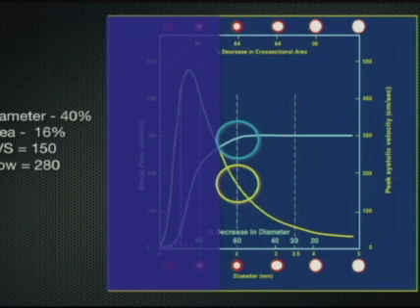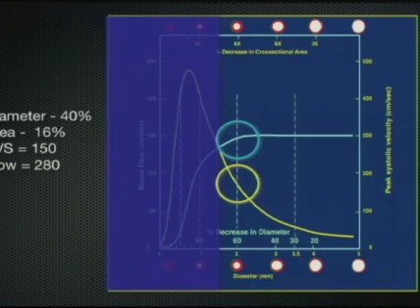At around 60% diameter reduction, the cross-sectional area that remains is only 16% of what we began with. And here now we begin to see an increase in velocity that is quite noticeable. And at this point, when the velocity begins to increase, we also begin to see an effect on the end organ, and the volume flow is beginning to decrease.